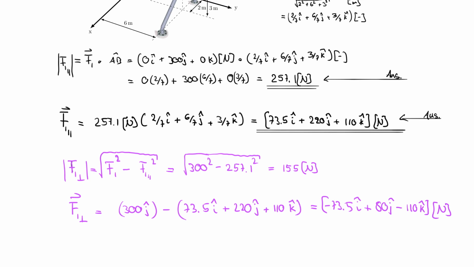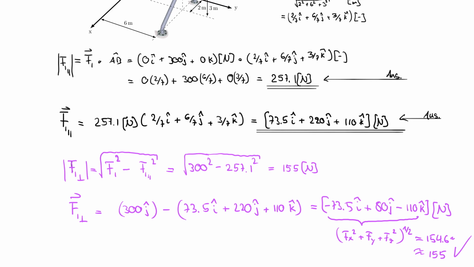And now if you were to take this result and you take Fx squared plus Fy squared plus Fz squared and you take the square root of that, you will find that you end up with 154.6 or something like that, which is really almost 155.